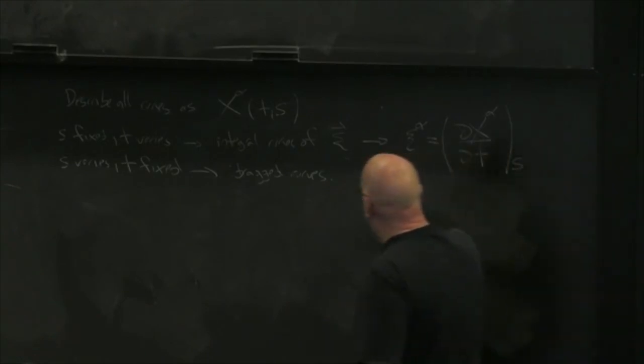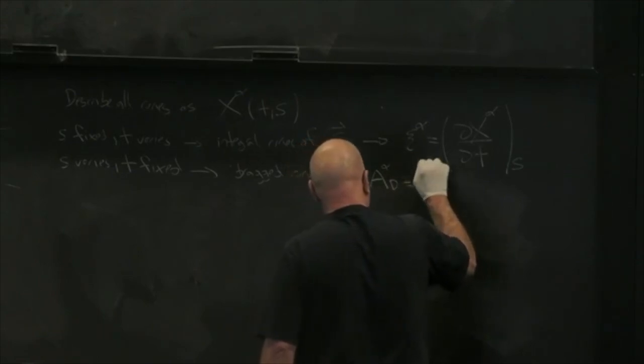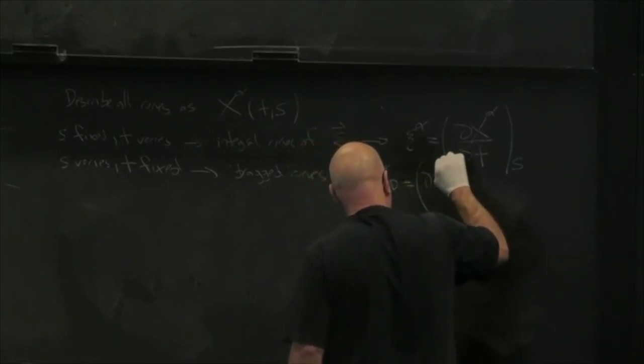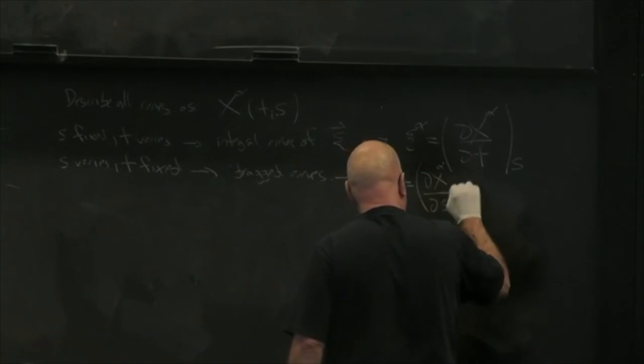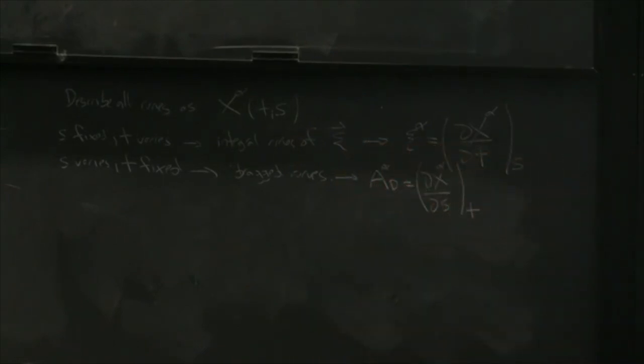And then over here, the drag vector field, that's going to be the other partial derivative where we let S vary, but we keep t fixed. So we have two partial derivatives, and depending on what we vary and what we keep fixed, we get our two vector fields, the original vector field C or the one corresponding to the dragged vector field AD.